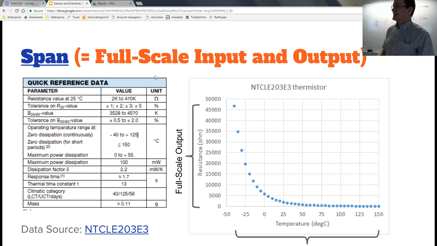Okay, so span actually depends on the technology used. For the NTC thermistor itself, the span is marked from -40 to 125 degrees. Semiconductors usually start having non-reversible changes at 200 degrees Celsius.